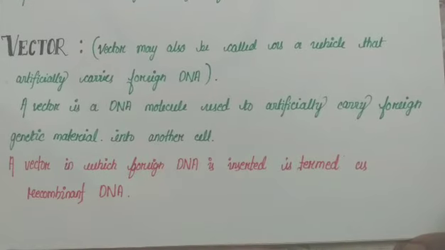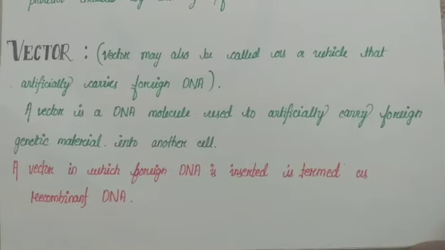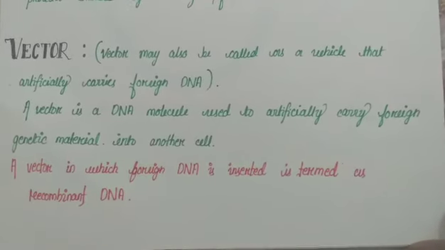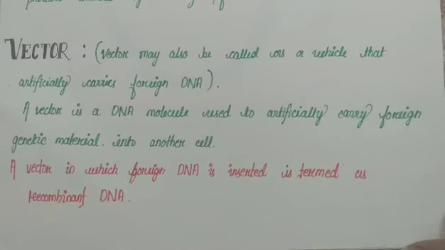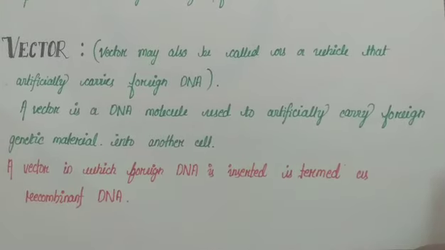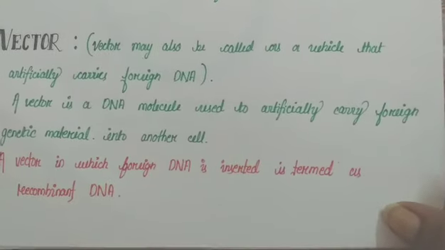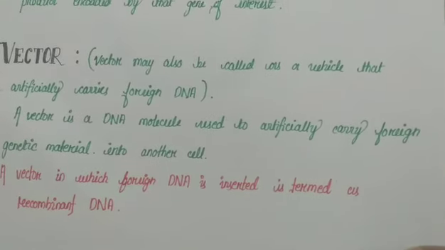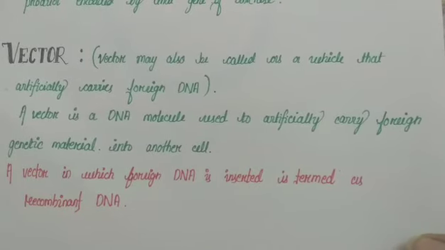Foreign DNA to a vector is something which is not its own, which is not already known to the vector, like it is from somebody else's body. So a vector is a DNA molecule used to artificially carry foreign genetic material into another cell.